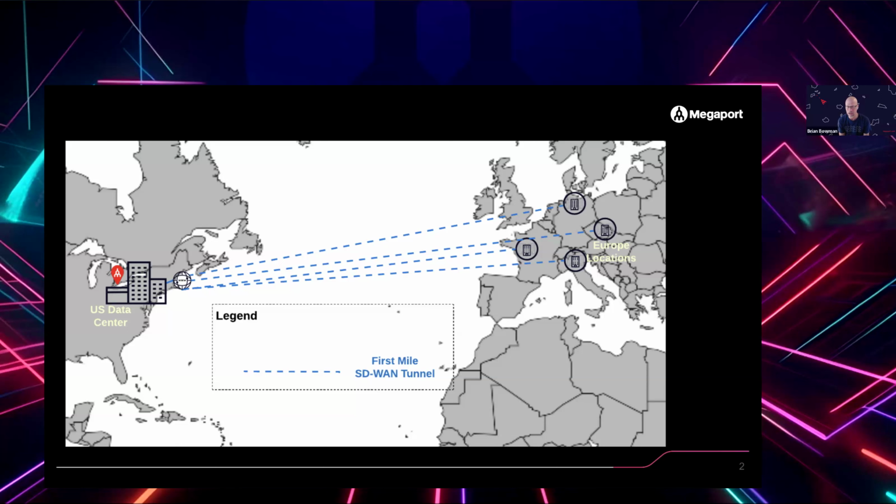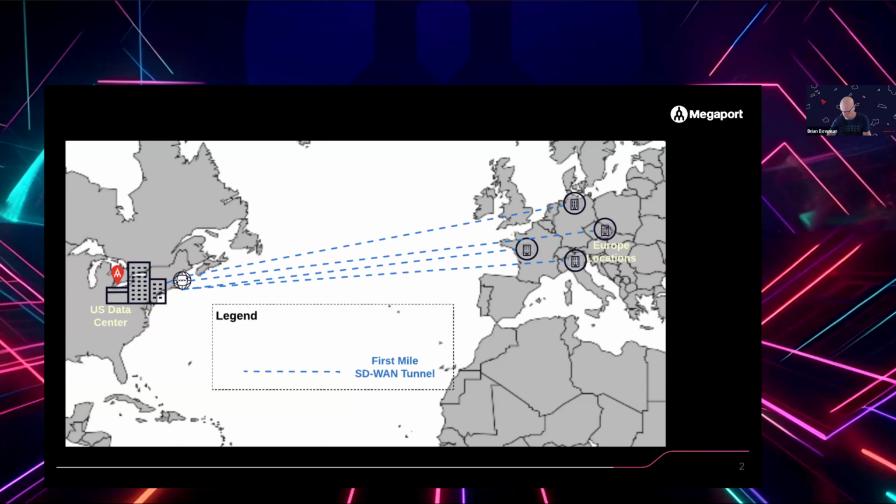The particular issue was associated with the site in the Netherlands. They were seeing high latency, in the neighborhood of about 140 milliseconds on a typical day-to-day basis. So they were wondering what could be done using Megaport to solve this problem.